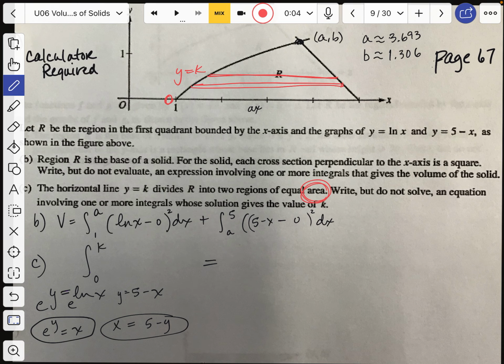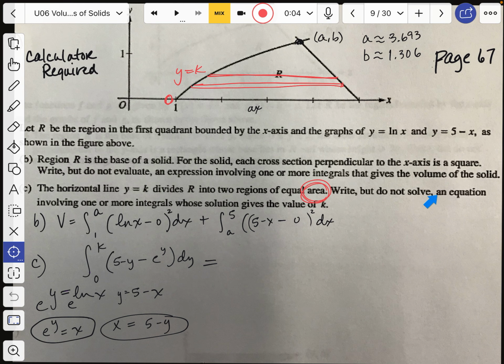All right, so from 0 to k, it's the right function minus the left function this time. It's not top minus bottom, but right minus left. The linear is going to be the right function, so it's going to be 5 minus y minus e to the y, dy. That's going to be the area of each of these rectangles from 0 to k.